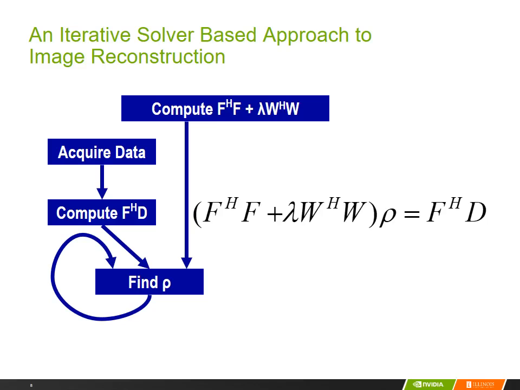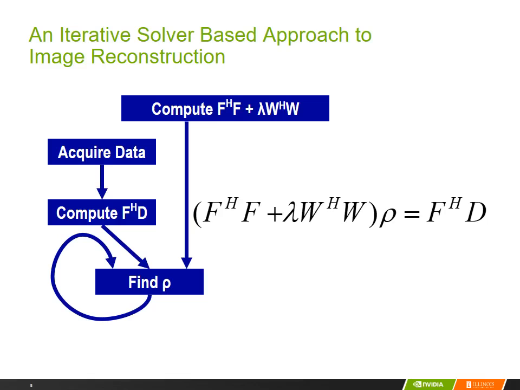So when we acquire data, we show the process on the right-hand side. We can compute FHD based on the acquired data. And then we use the pre-computed Q operator and perform an iterative solution to the equation.